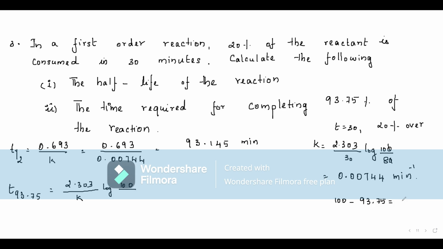That will be 6.25. So here the denominator is 6.25. So first of all, solve 100 by 6.25, find out the log of that number and substitute K also, 2.303 by 0.00744, and log 100 by 6.25.